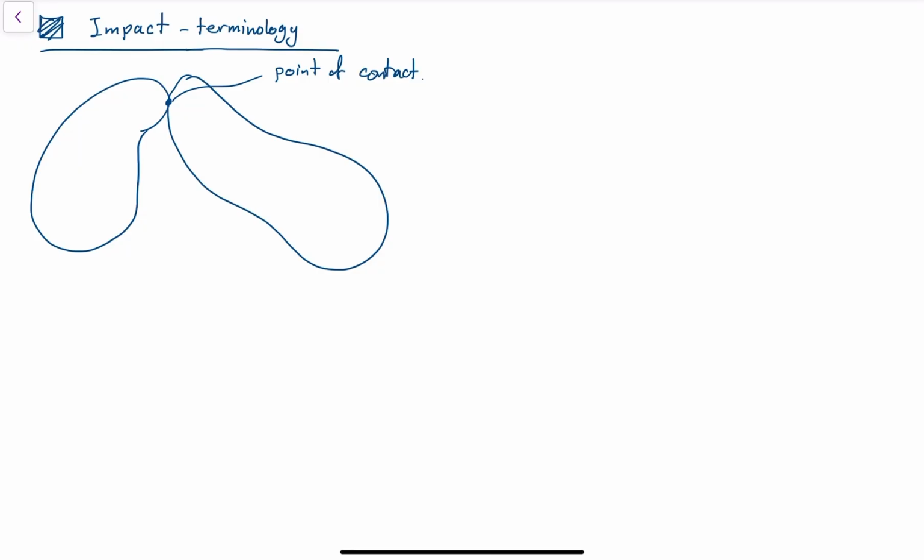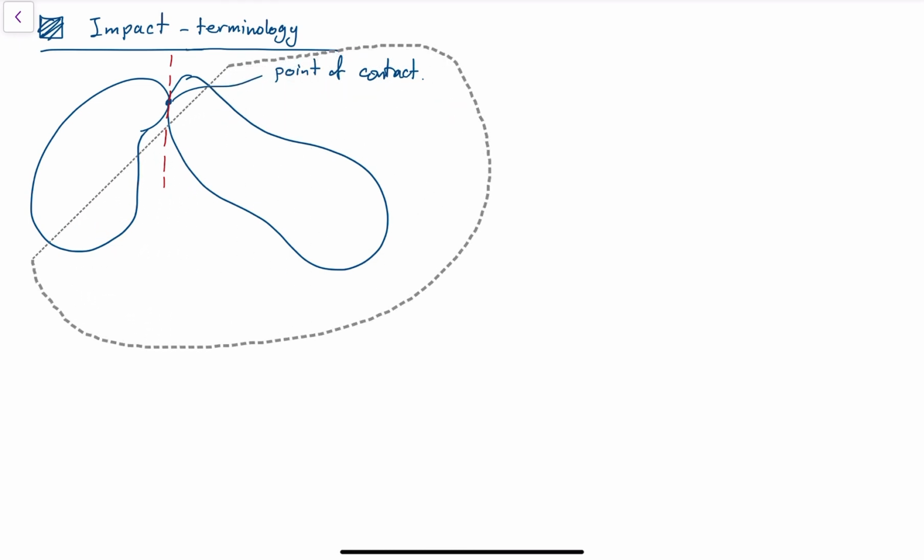So I've already mentioned these forces, normal forces, as the name suggests, are always perpendicular to the contact surface. So in this case, to better define it, I think I need more space. Let me create more space here.